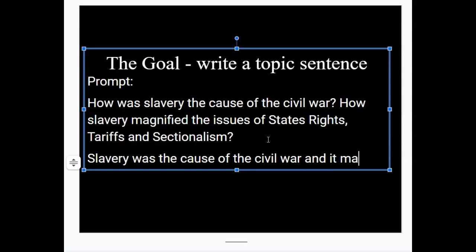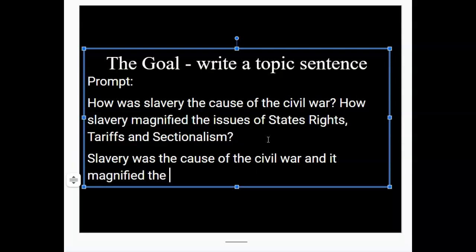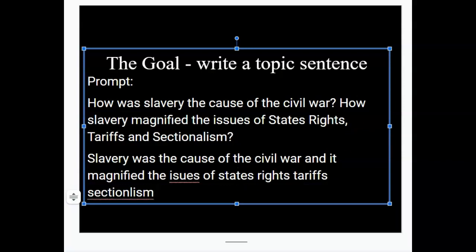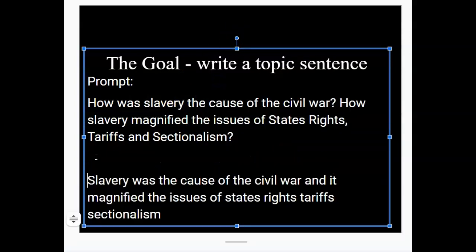It magnified the other issues, or three issues of states' rights, tariffs, and then there's sectionalism. Okay, now when we go look at this, we're talking about these things. So this is an example of a way you can do it.